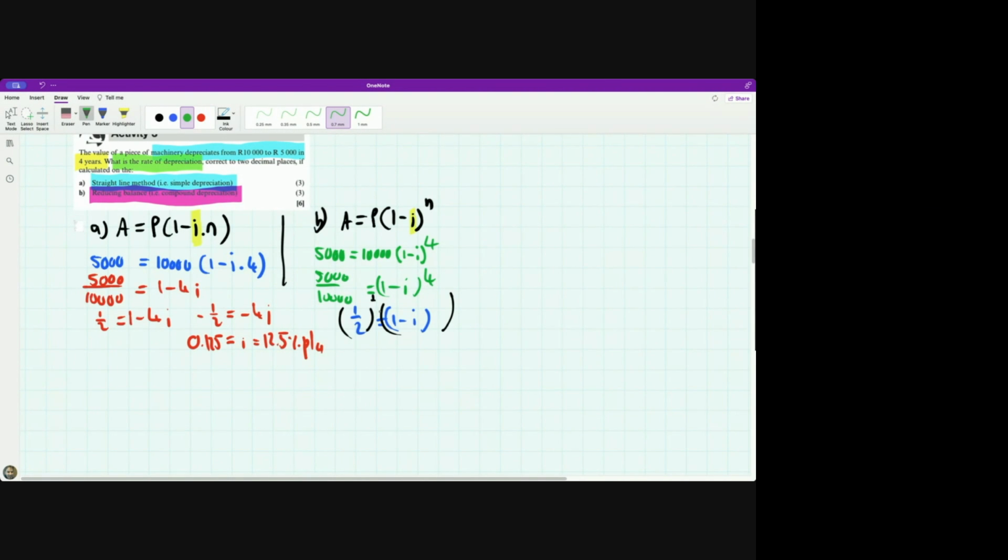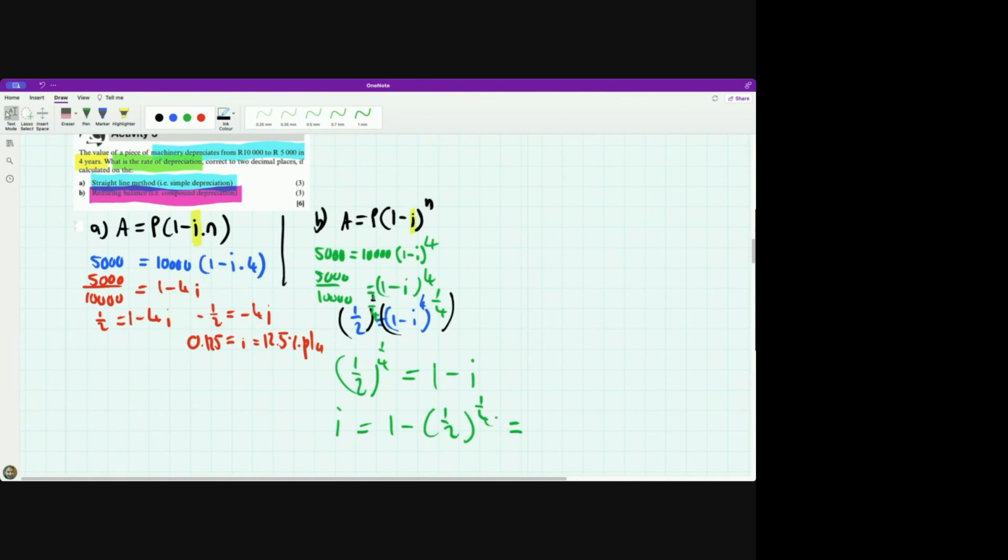So this should be to the power of 4. And then what undoes that? It's going to be the power of a quarter. Half to the power of a quarter equals 1 minus i.